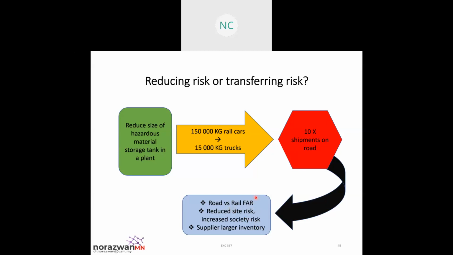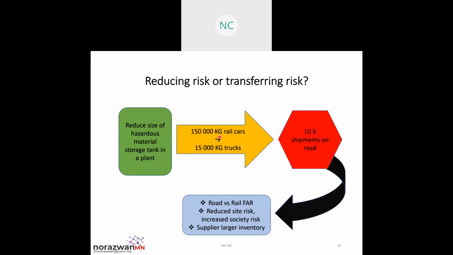Then again, what about the supplier's larger inventory? When you are dealing with a 150,000 kilogram rail car, the supplier inventory will usually be higher. So your supplier, the one that receives the supply from you, needs to have 150,000 capacity in their storage.